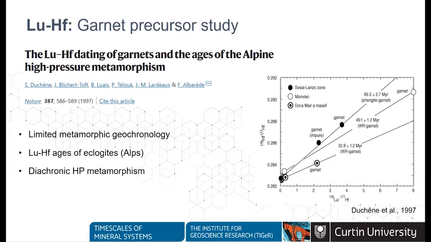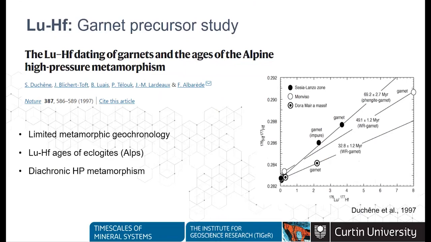So these authors managed to take 3 samples and see that the high pressure metamorphism is more like a diachronic process in the Alps, instead of just a prolonged single event between 120 and 80 million years. So they made it to Nature.